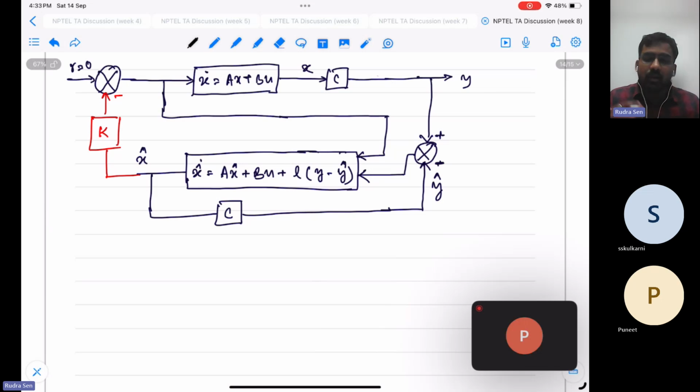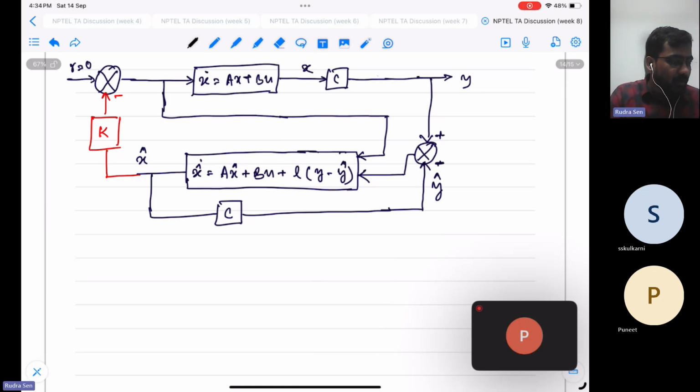So we are going to see whether, for the same system, we can design the controller separately and the observer separately, or whether it is always required to design these two things together. This is the observer controller configuration.